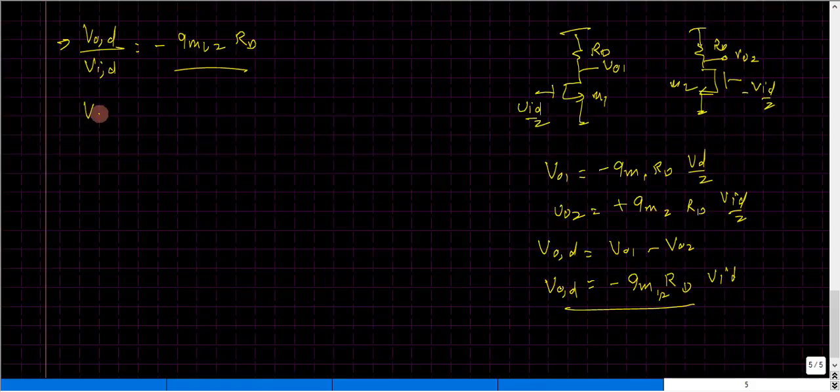Now the next type of gain expression could be applying a common mode input and observing the outputs differentially. As we know, for a symmetrical input, the outputs are also symmetric.